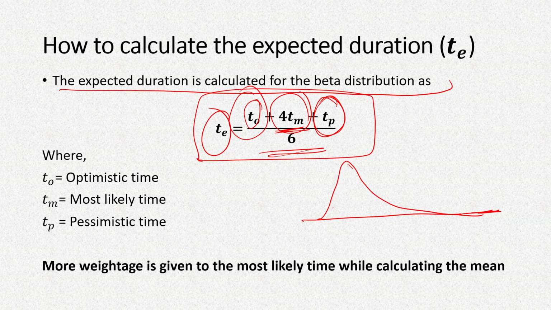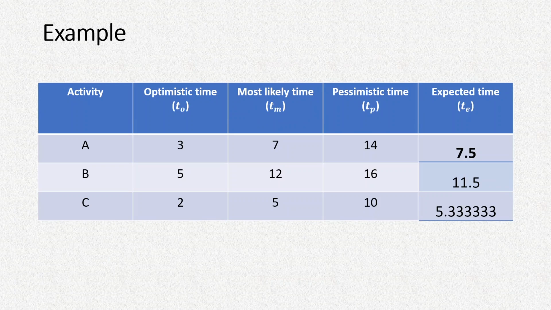Now let's take an example. These are the 3 activities, A, B and C. Their optimistic times are 3 days, 5 days and 2 days. Most likely times are 7, 12 and 5, and pessimistic times are 14, 16 and 10. If we want to draw the distributions, then for A, it is 3, 7 and 14, so it is skewed to the left.